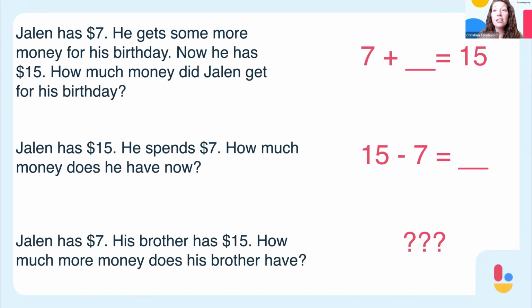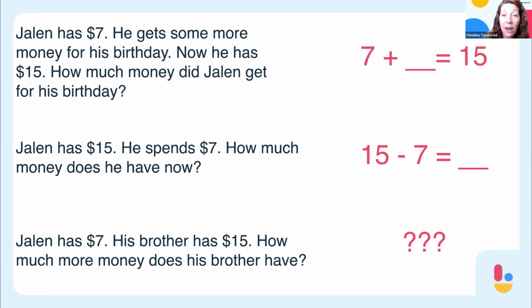So we want to do problem strings like this, where we help kids see that this is all basically the same problem, but in different contexts, using the same numbers. We're working on our fact families. We're getting to talk about how different contexts make us think differently about this problem. And especially when we get to that bottom one, some kids may add up to do it. Some kids might subtract.